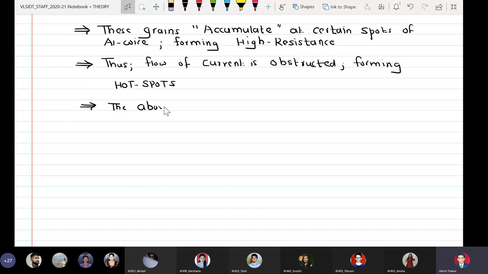The above phenomenon is called electromigration.